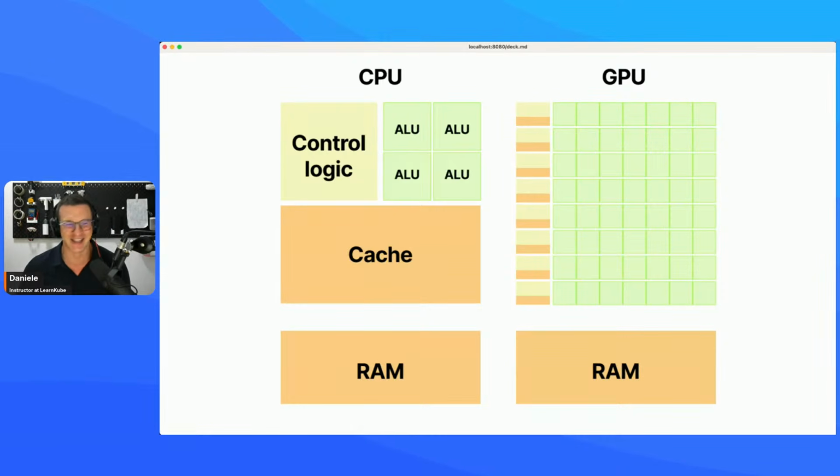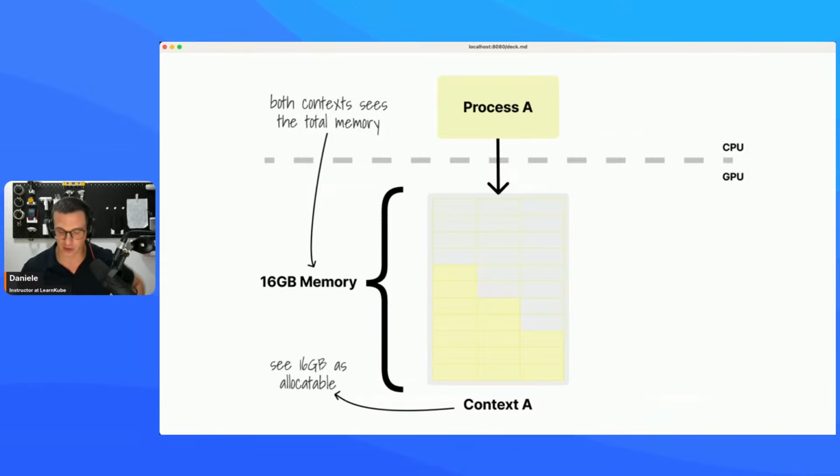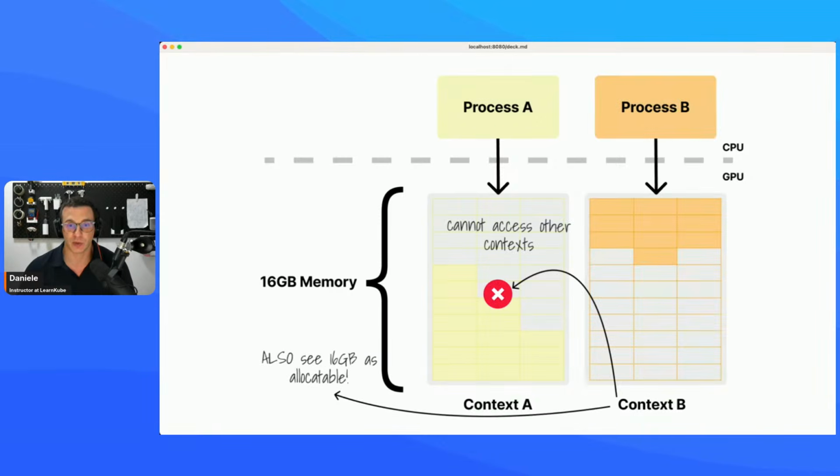But this has some consequences, because the GPU is designed for predictable workloads, not like the CPU, which needs to deal with branch prediction and stuff like that. So when you allocate memory in the GPU, this memory is visible to the process. It sees the entire memory.